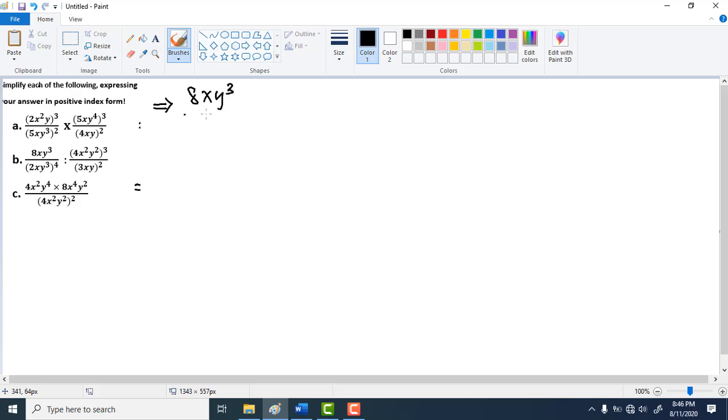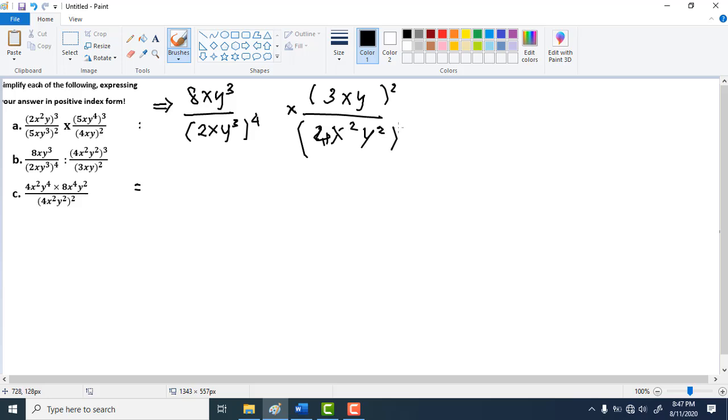xy to the power of 3 over 2xy to the power of 3 to the power of 4 times, you change the numerator into the denominator and the denominator into the numerator. 3xy square over 4x square y, 3x square over 4x square y square, to the power of 3.